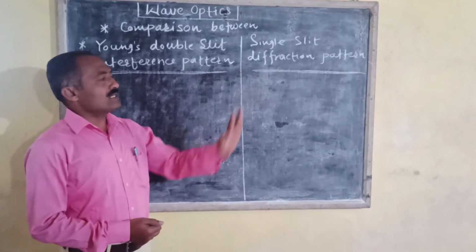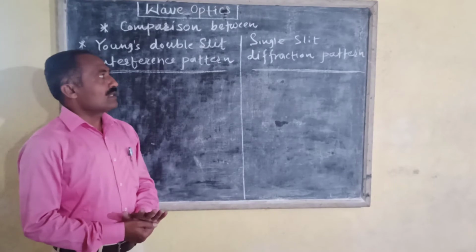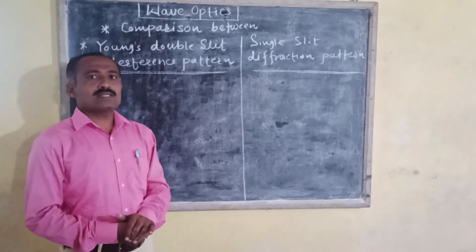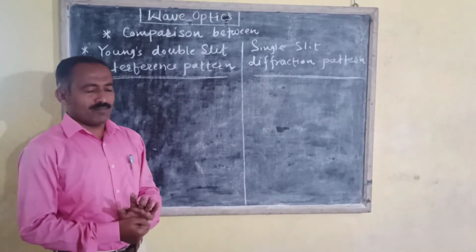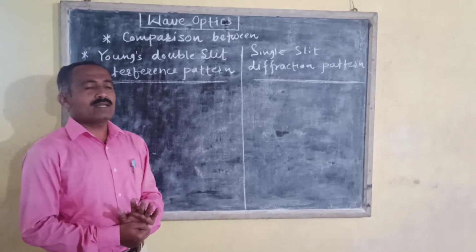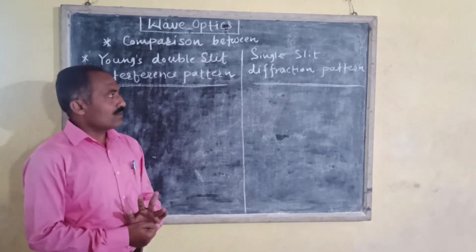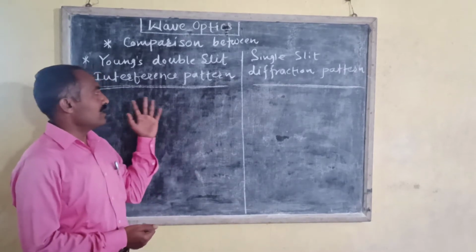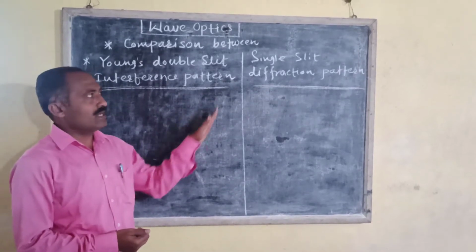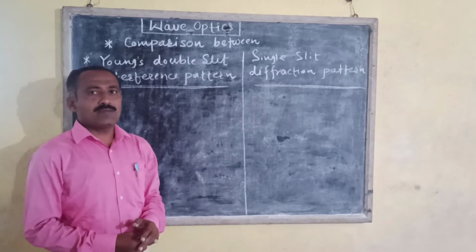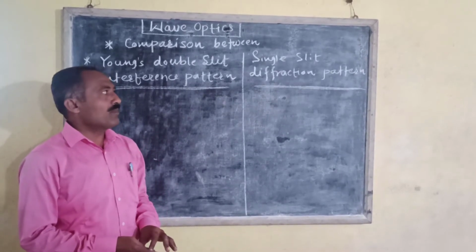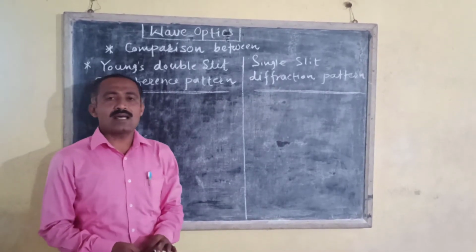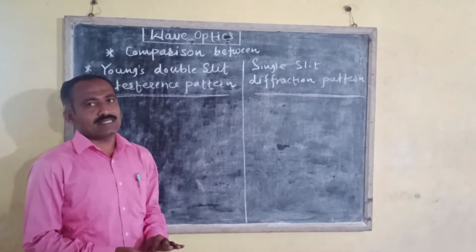But in the single slit diffraction pattern, the single slit is below 1 millimeter in width. Here 20 to 30 fringes will be obtained, but all fringes are not of equal brightness.